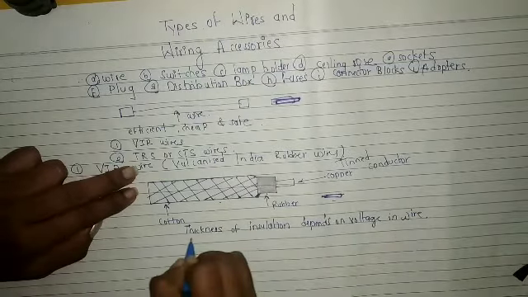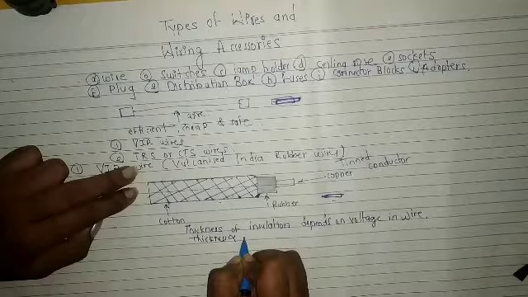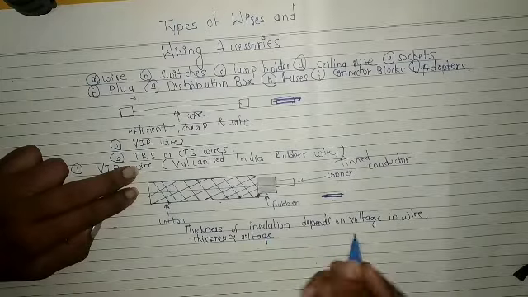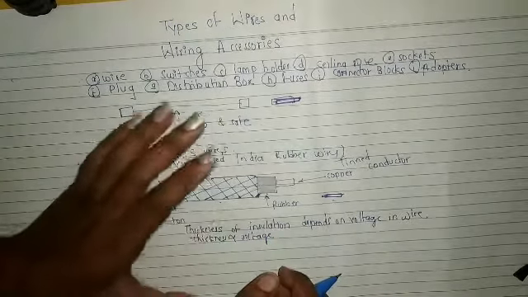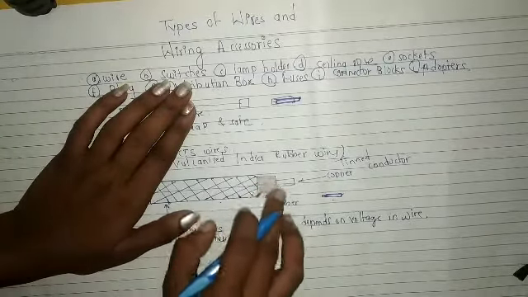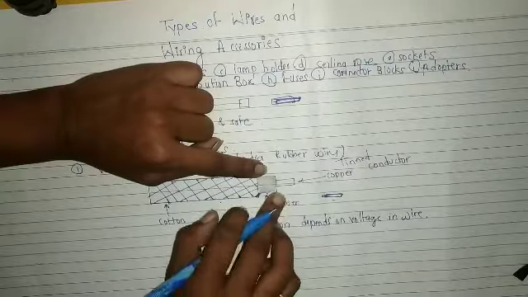Okay, so thickness is directly proportional to the voltage. Okay, so if the voltage is large, then thickness of this insulation must also be large. That means thickness of the insulation must increase.